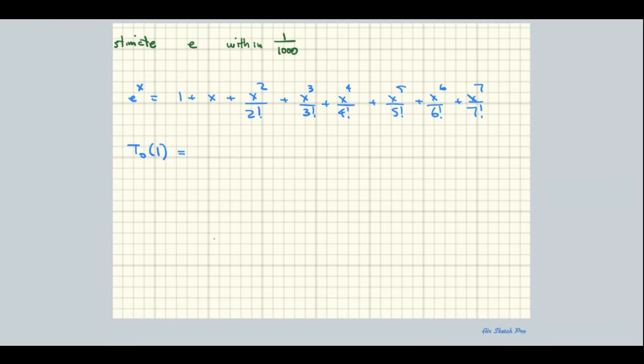These are my approximations for e. Maybe I should write that explicitly. e is approximately T0 of 1. What's T0 of 1, guys? 1. That's my 0th order approximation, my initial approximation. What's my first order approximation? What's T1 of 1? Folks, what's T1 of 1? That's the first two terms added at 1.